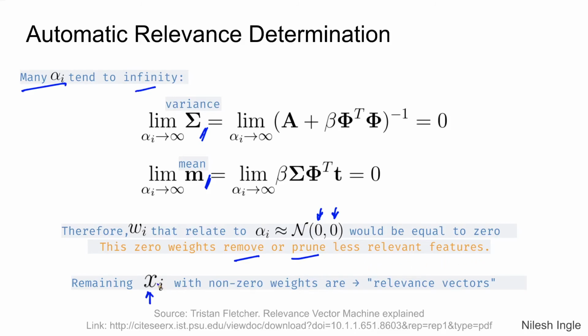Only the features that remain are those that have non-zero weights, and those are called the relevance vectors. That's what the relevance in relevance vector machine refers to in this particular method.